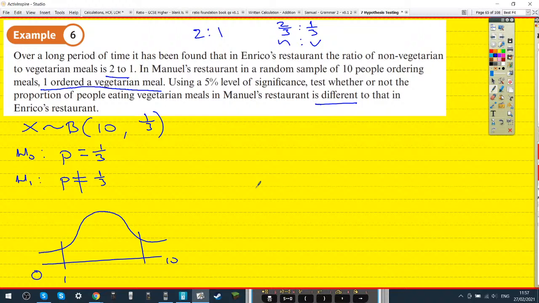What would you conclude? Would it be the null hypothesis? Yes. However, this is a two-tailed test. Oh, so it's both sides. So you have to check the lower side as well.